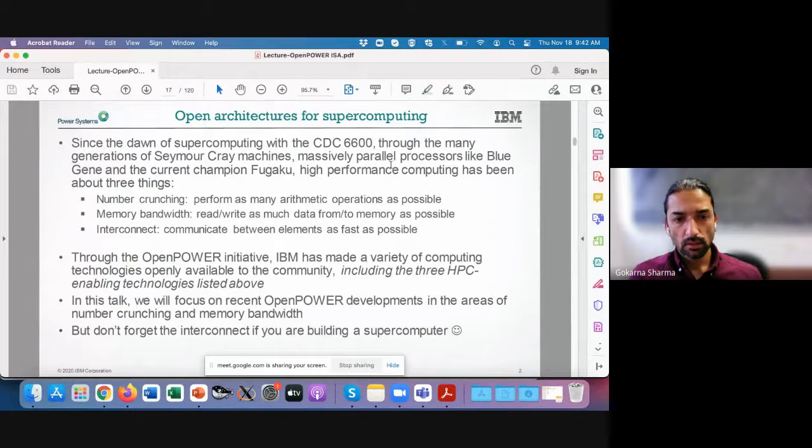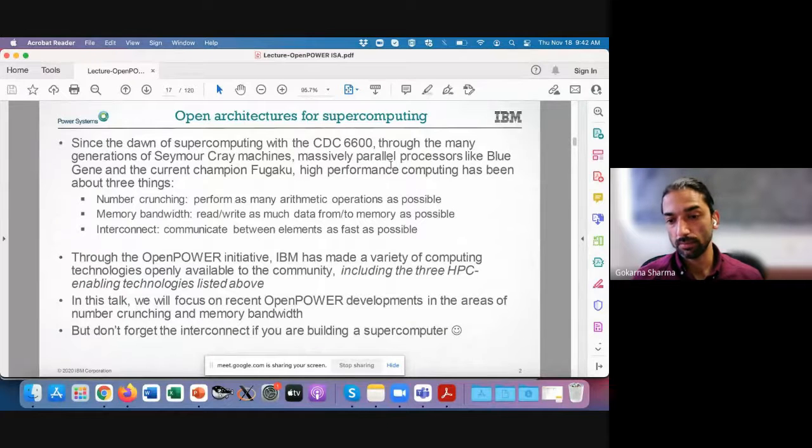So what is the technical detail that goes inside, right? It's about three things. First, you have to crunch numbers, okay? What does it mean by crunching numbers? You perform as many arithmetic operations as possible. The goal is, if you could do many arithmetic operations per unit time, then that means your system is better.